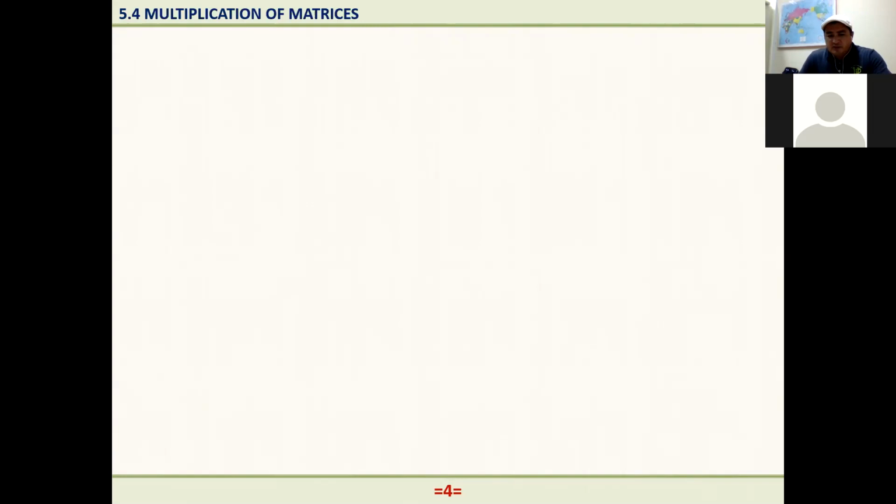We're just adding or subtracting a bunch of numbers from a bunch of numbers. And multiplying a matrix by a scalar is also exactly the same as with real numbers, just multiplying two numbers together. But students expect that multiplication is something similar to this, when actually it is completely different. It's not difficult, but it's quite different.